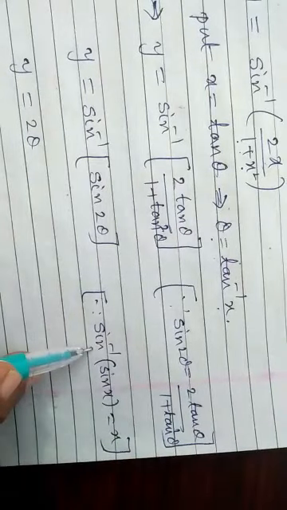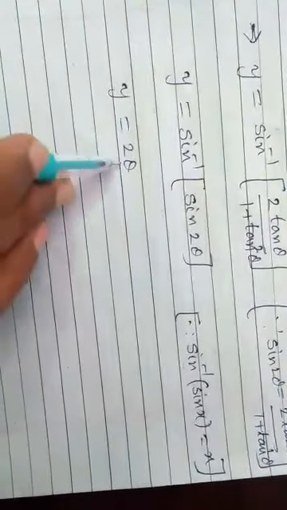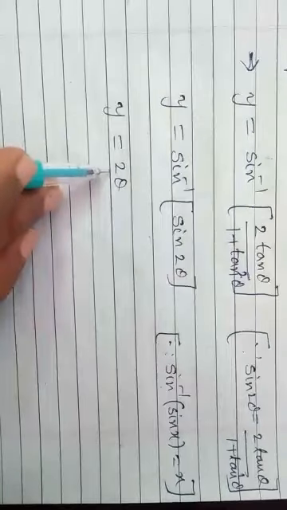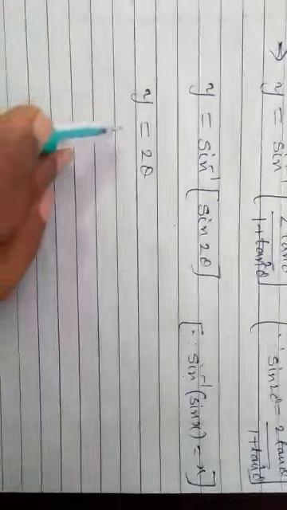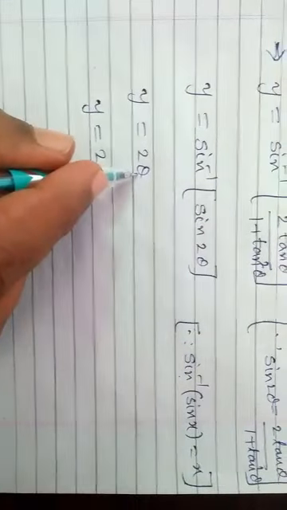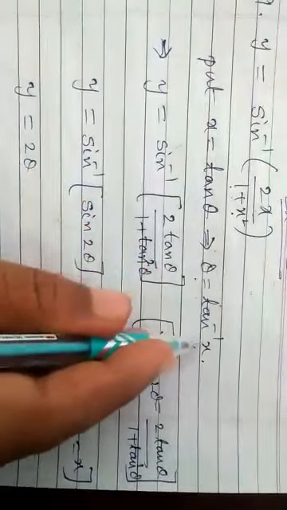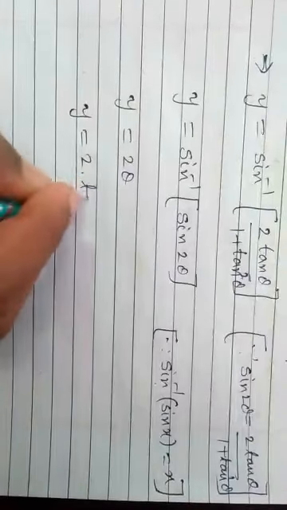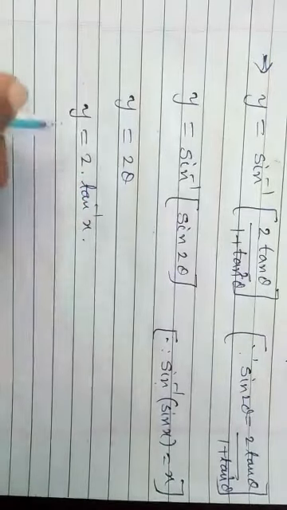So y is equal to 2 theta, and theta is nothing but tan inverse x, so y is equal to 2 tan inverse x.